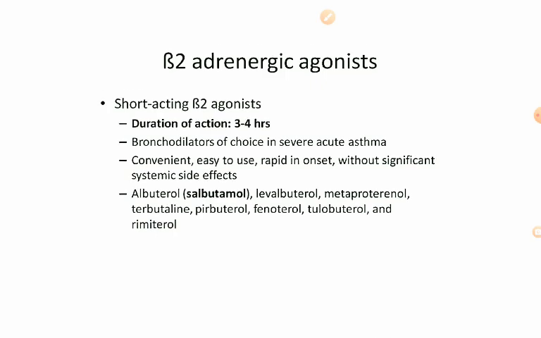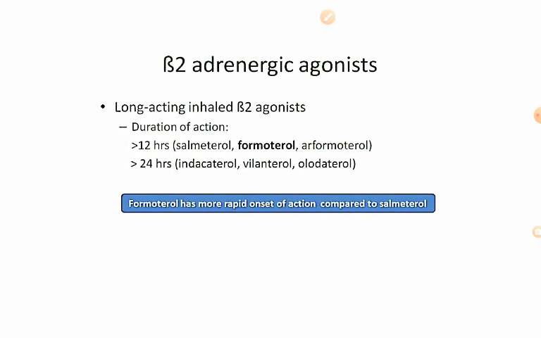We also have long-acting inhaled beta-2 agonists for more than 12 hours: salmeterol, formoterol, and arformoterol. And for more than 24 hours, usually given once a day: indacaterol, vilanterol, and olodaterol.